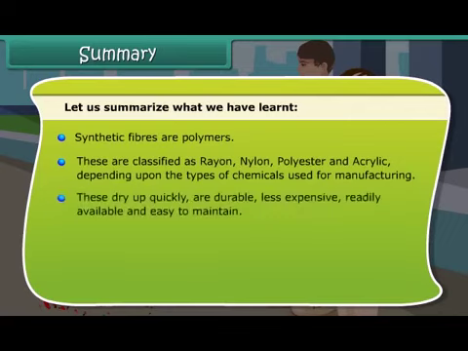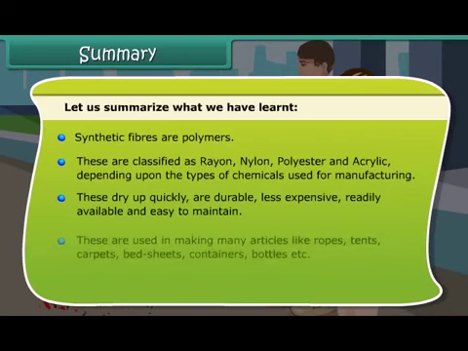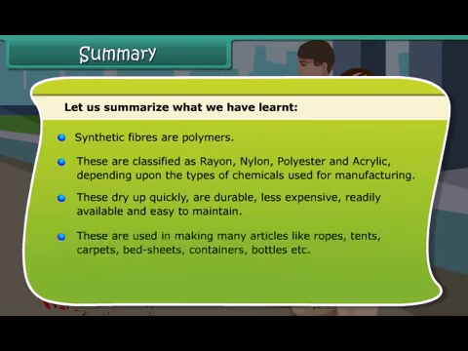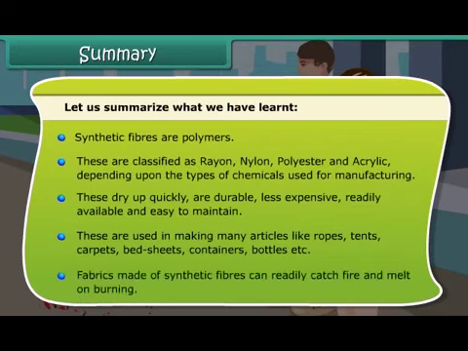These dry up quickly, are durable, less expensive, readily available and easy to maintain. These are used in making many articles like ropes, tents, carpets, bed sheets, containers, bottles, etc. Fabrics made of synthetic fibers can readily catch fire and melt on burning.